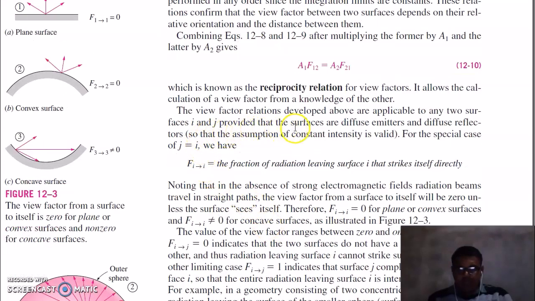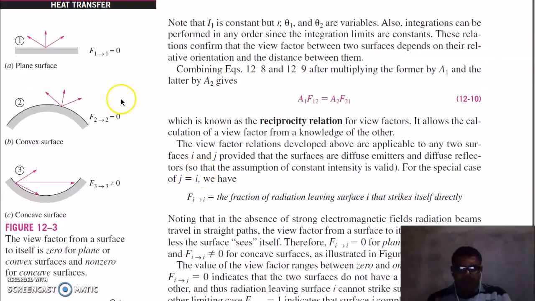The view factor relations are applicable to any two surfaces i and j, provided the surfaces are diffuse emitters and diffuse reflectors. For i to i, the fraction of radiation leaving surface i that strikes itself directly, it means F11 is 0.